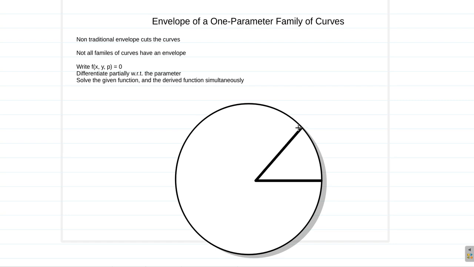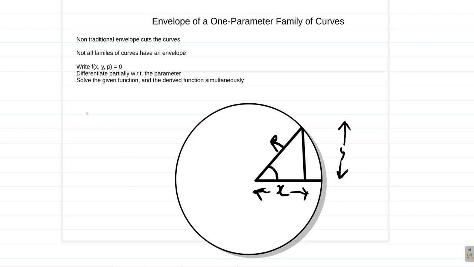Suppose we form an angle. We form a triangle here, and this is our angle. Now, this remains our radius. We have our x, which runs from here to here, and our y, which runs from here to here.